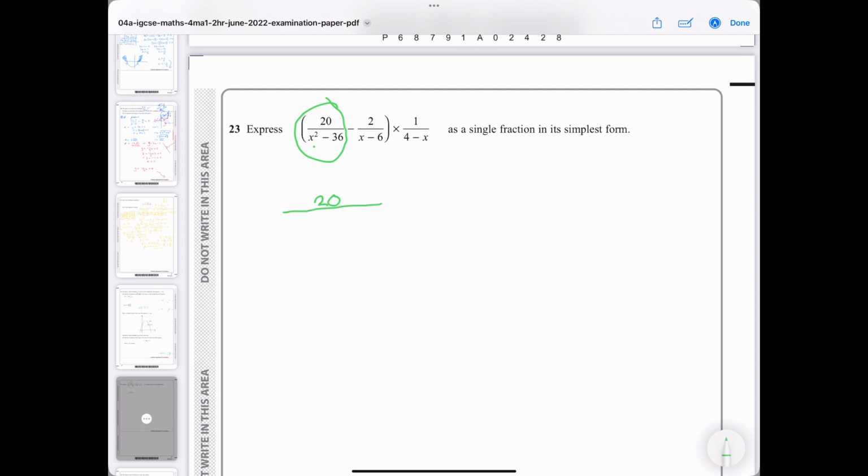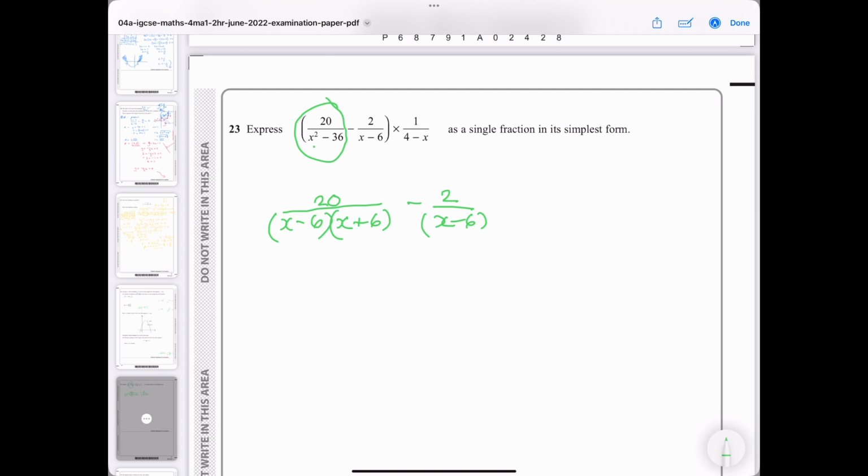So x squared is squared, and minus 36 is minus 6 times plus 6. So we're going to go x minus 6, x plus 6. And now we're going to do minus 2x minus 6. Now remember that in order for this to work, we need the bottom and the top to be the same.